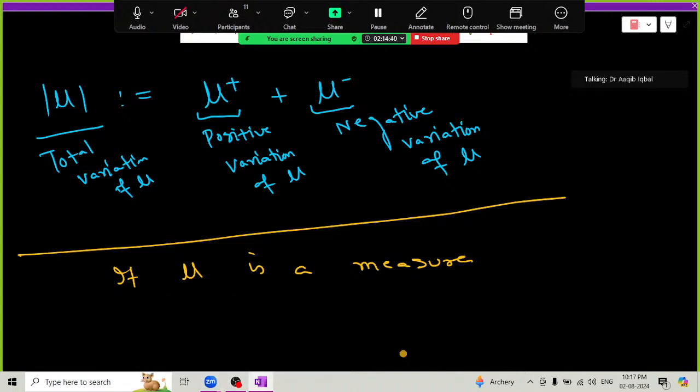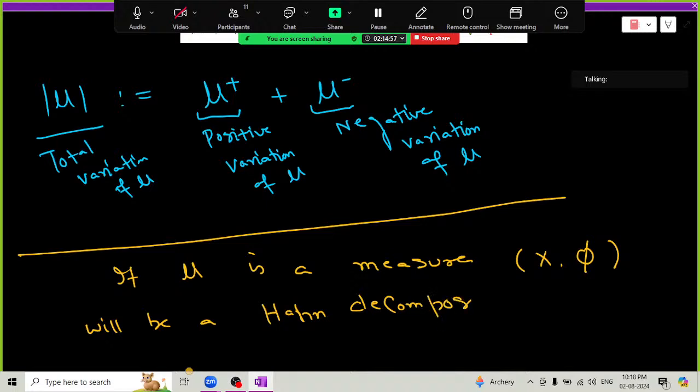If mu is a measure, then x comma phi will be a Hahn decomposition of x with respect to mu.